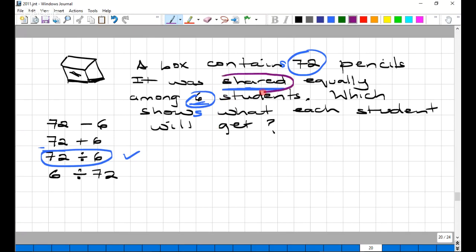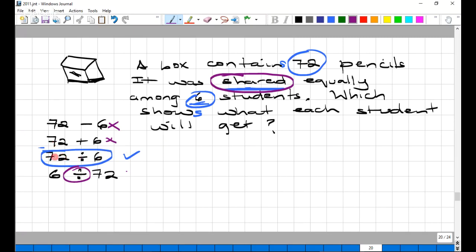This word is associated with which operation? Division. But am I dividing 6 by 72 to find out what each student would get? No. 72 divided by 6.